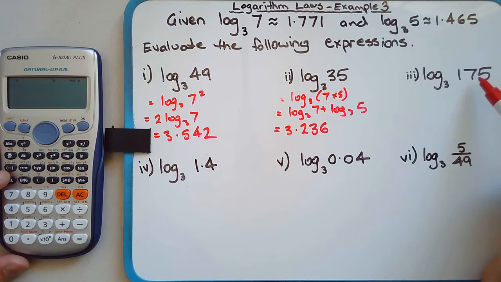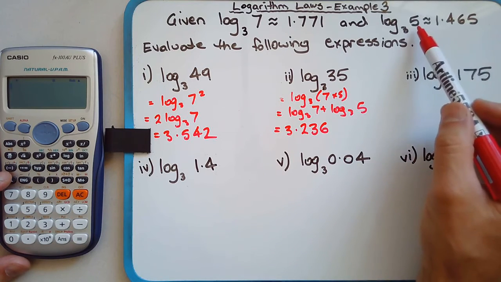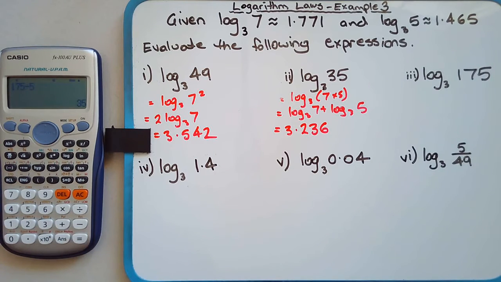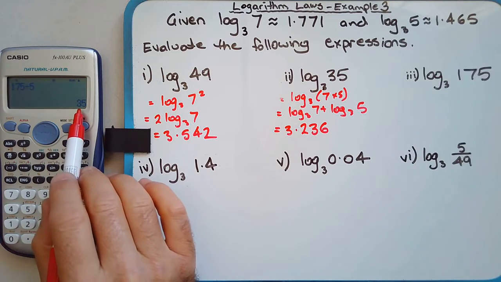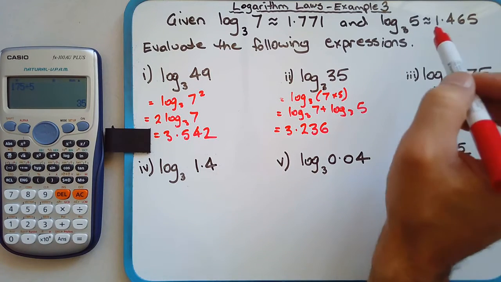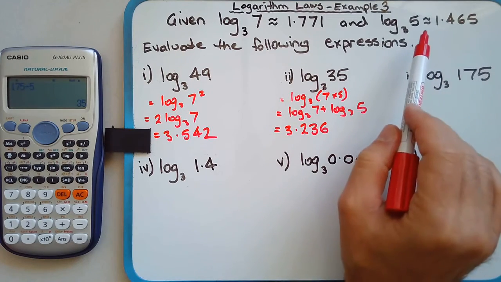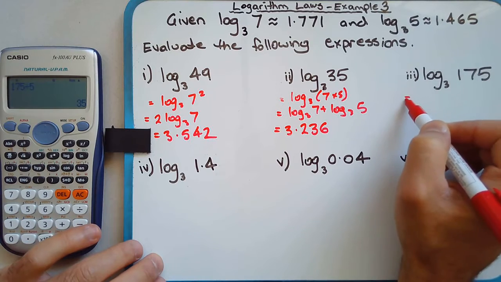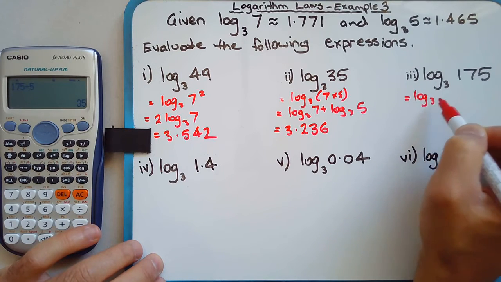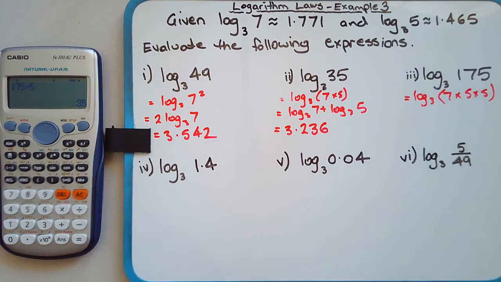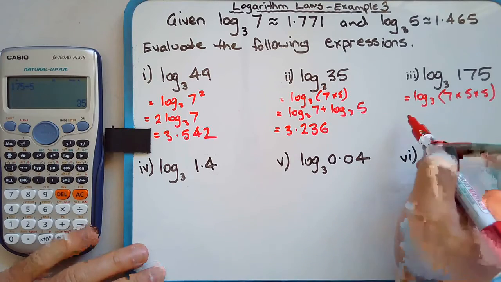What about log base 3 of 175? First thing to note, 175 is divisible by 5, so we have a 5 there. So we might want to experiment here and see what the relationship is. We've got 35, so 175, if I divide that by 5, you get 35. That means there's another factor of 5 that could be divided as well. So that's actually 7 times 5 times 5, isn't it? 7 times 25. So that's going to be log base 3 of 7 times 5 times 5, which will give you 175.